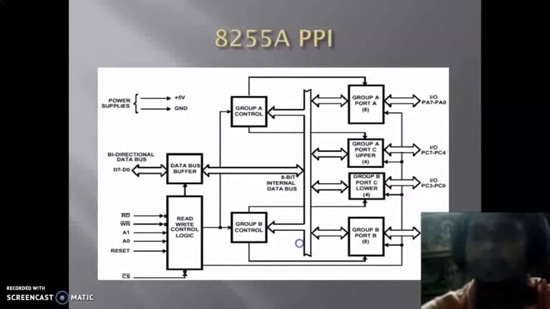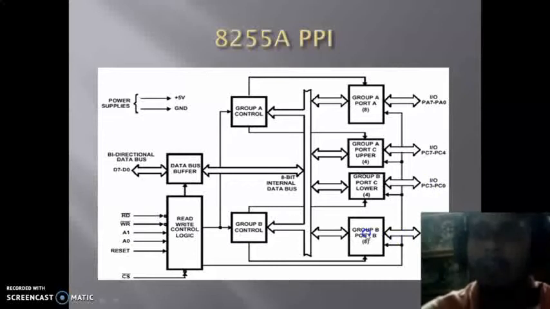Here port A has the pins PA0 to PA7 that can be used as input output. Port C lower and port C upper can also be used as input output. Port C upper means PC4 to PC7, and PC0 to PC3 is used as port C lower.